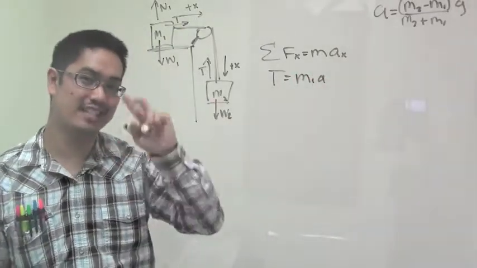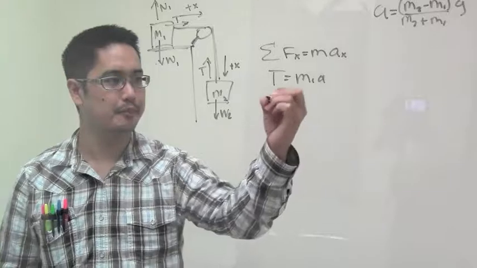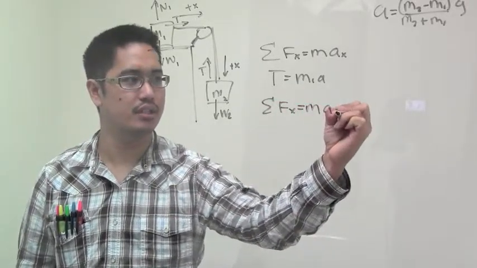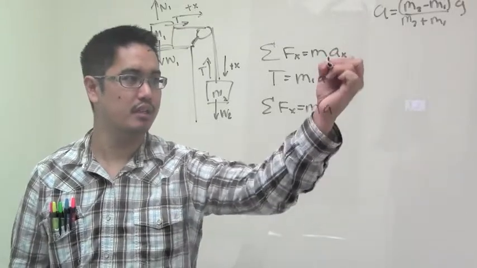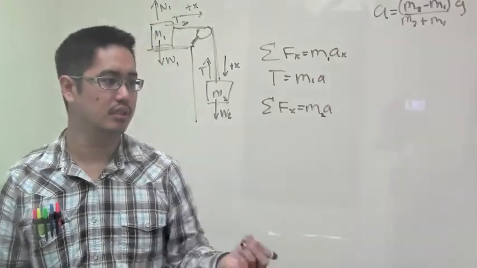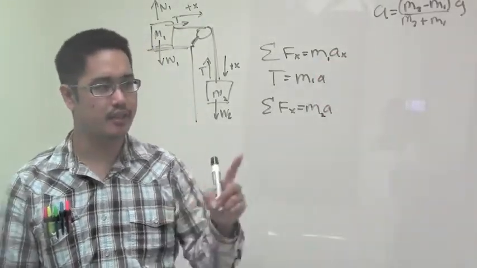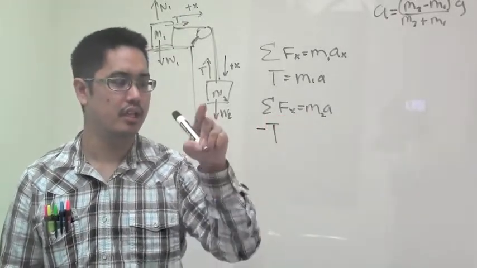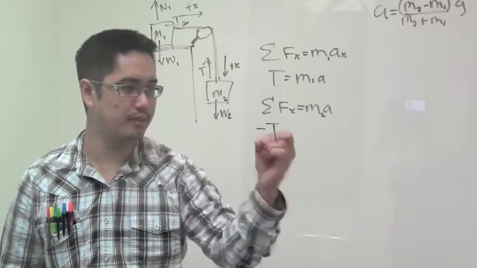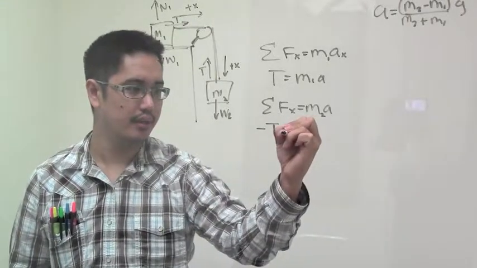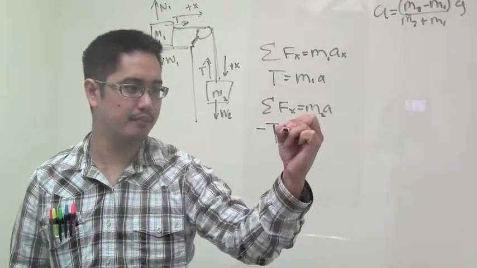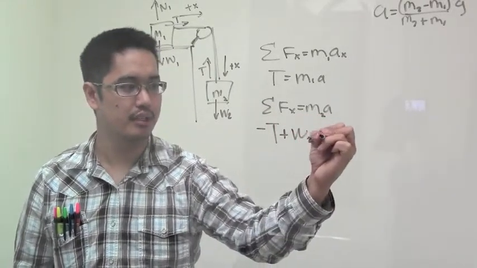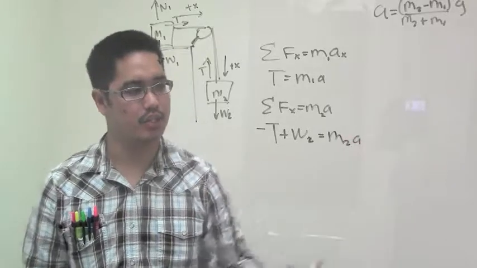I'm going to sum the forces in the X direction over here, and the sum of the forces in the X direction equals mass times acceleration in the X direction. This would be mass of 2. The forces I see over here are a negative tension going up, and W2 going down. So I've got negative T plus W2 equals mass 2 times acceleration.